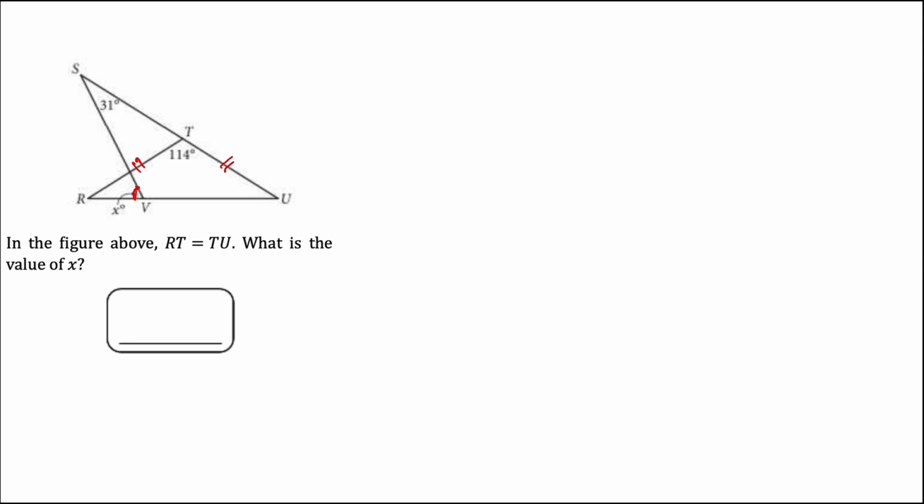the triangle RTU is an isosceles triangle because the two sides are equal. One angle of this isosceles triangle is 114 degrees and the other two angles, angle R and angle U, are equal angles. The angles opposite to the equal sides are equal. So let us assume this angle R and angle U as y degrees. 114 plus 2y is 180.